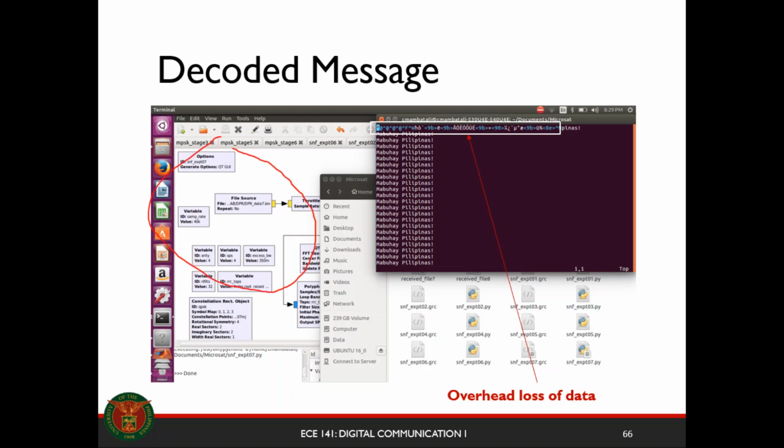So GNU radio is a simulation platform, but can also be used for software-defined radio, actual hardware. Right? If you use timing and synchronization recovery, you get an overhead loss of data. Okay? But if you just continuously transmit the same thing over and over again, you'll eventually recover it. So in this case, I transmitted Mabuhay Pilipinas.